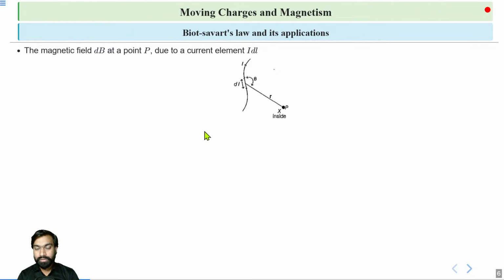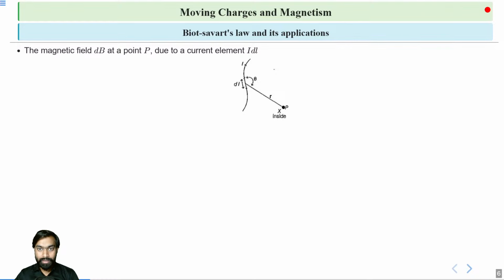Next, we will discuss Biot-Savart's law and its applications. So let's see magnetic field due to a current element. Consider a small segment of a current carrying wire called a current element. So here we have a wire.